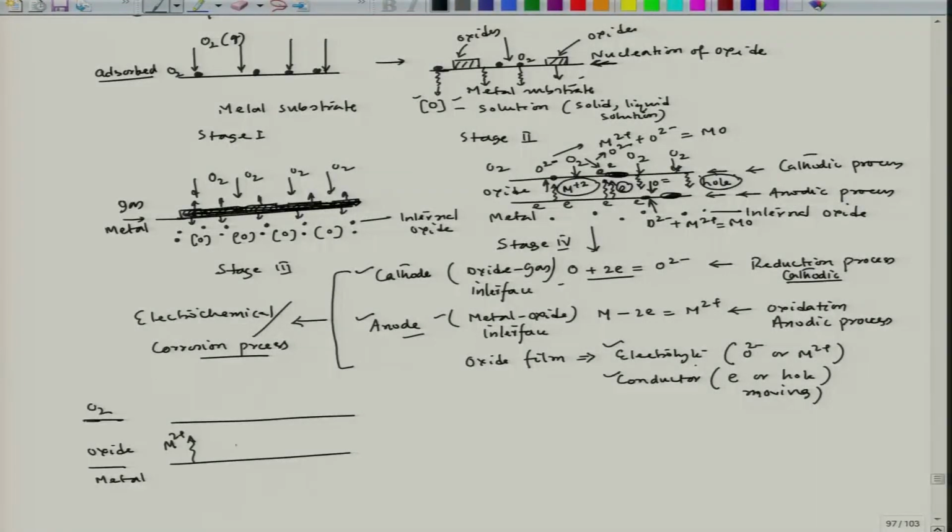metal ion flow, we have oxygen ion flow, we have hole transfer, we have electron transfer, this is metal, oxygens are coming. So, now these processes are taking place, there could be a crack formation, micro cracks that can generate.